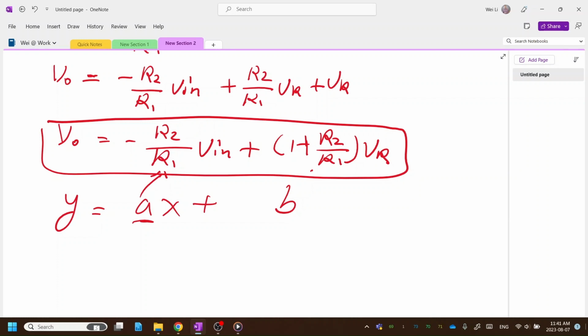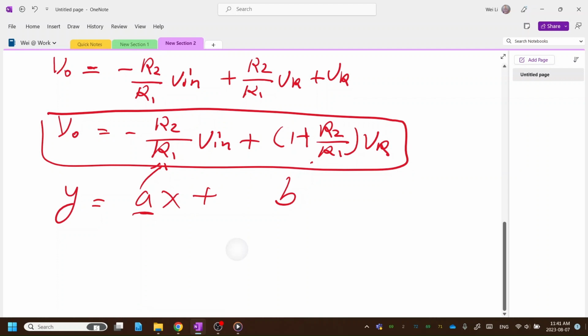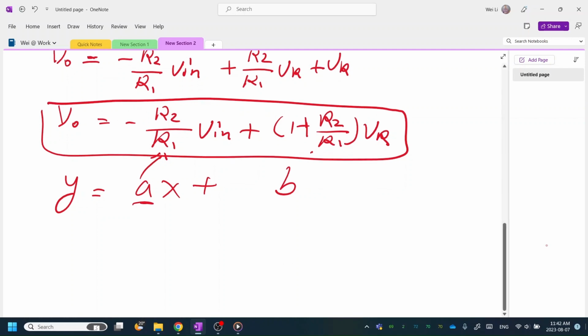Okay, if you understand this, based on the requirements of your circuit design, then you can design a linear transfer function circuitry. Whether you want to do an offset, or you want to do an amplification or attenuation, basically you just place R1, R2 values and VR values, you can realize a lot of special requirements. Okay.